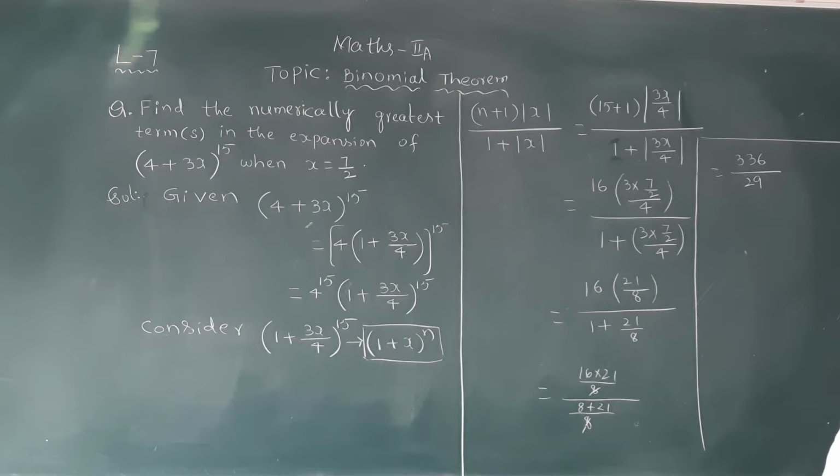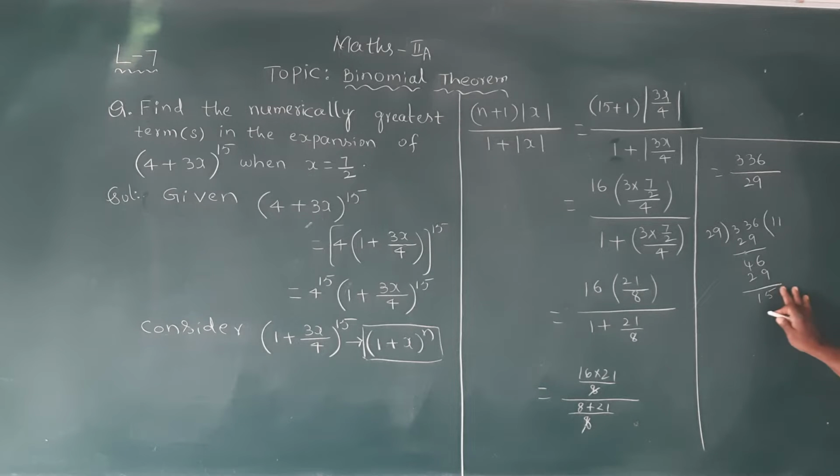Understand? So divide 336 by 29. 29 ones are 29. Subtract, 13 minus 9, 4. Then 6. 29 ones are 29 again. What will come? 5, 15.